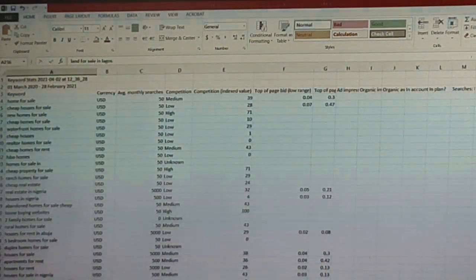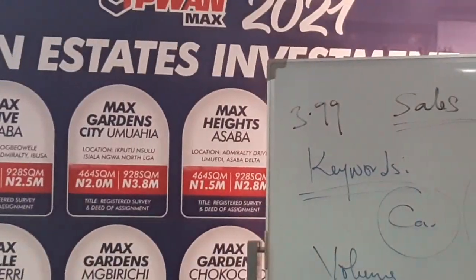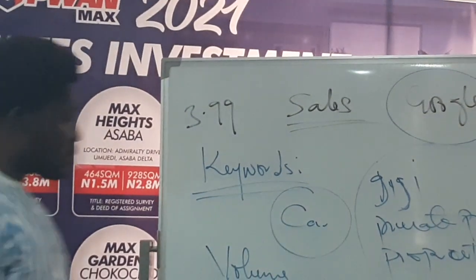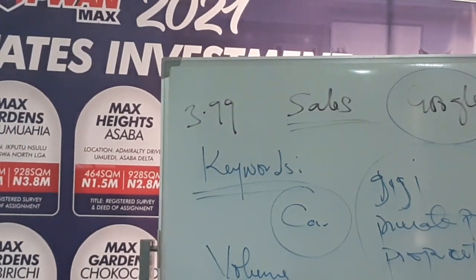This is the average you should spend, in dollars, sorry, that is dollars, not naira. Approximately $4, yes. That's what you should spend per lead. So calculate how much is that in naira? Almost 2,000 per lead.